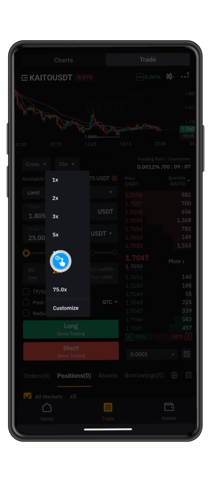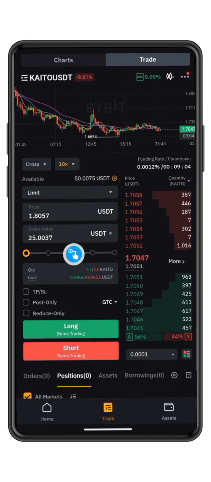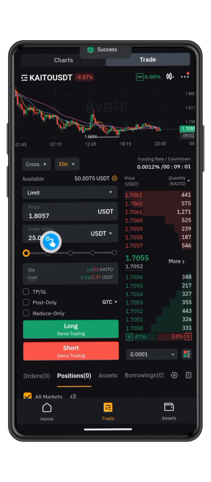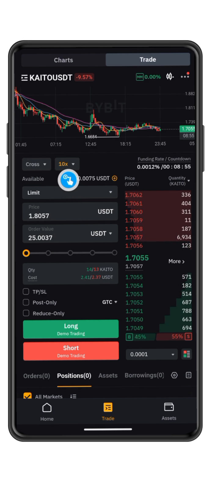So basically what you are going to put in here is going to be your margin multiplied by 10. You have 50 here. Let's say you want to use just 10 from here. That means you're going to do 10 times 10. So that means you put 100 USDT.